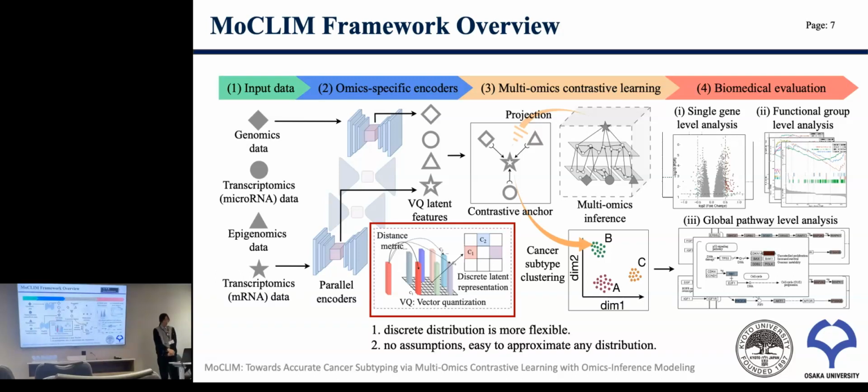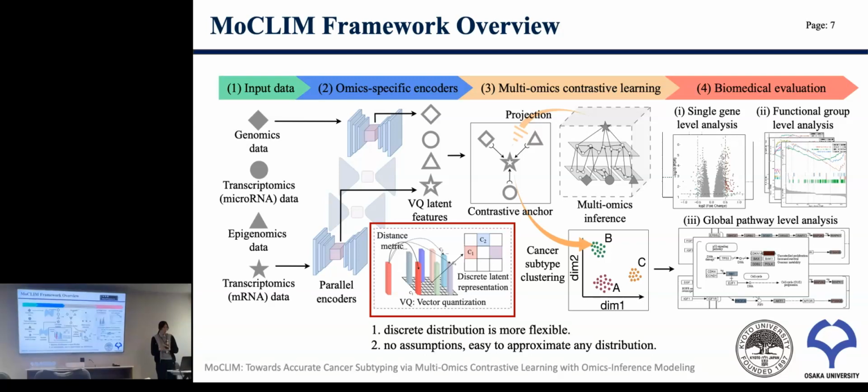The reason is that we found that these autoencoders use discrete distributions, which are more flexible, and compared with other generative models, they set no assumptions on the distributions of the data. So it is easier to approximate, as there may be different distributions for the different omics data.